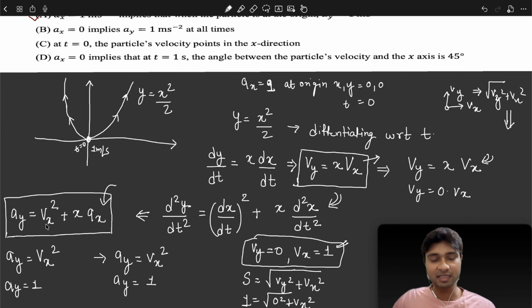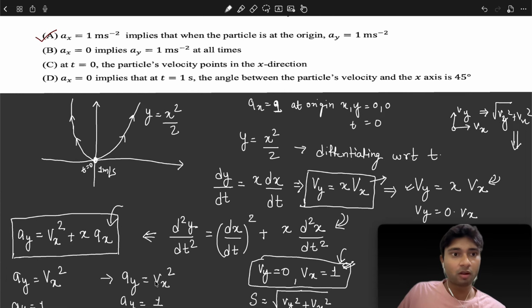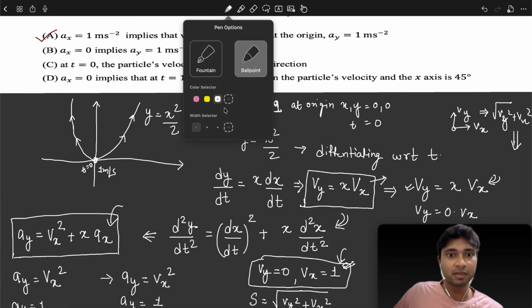Now we know at t equal to 0, velocity in the x direction is 1 meter per second, which is always true irrespective of the accelerations. So Ay will be equal to 1. So option B is also correct.